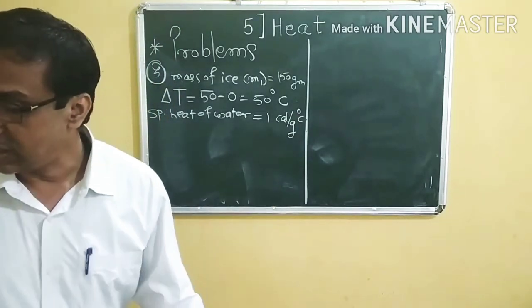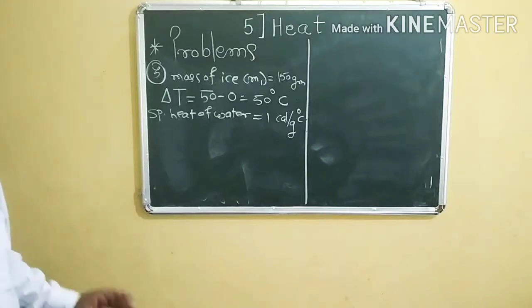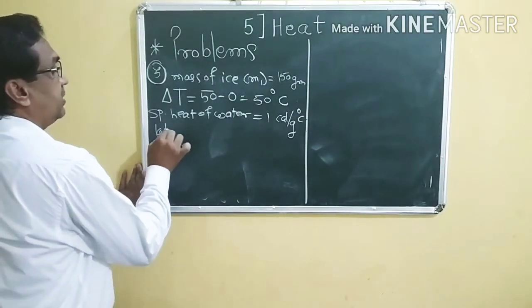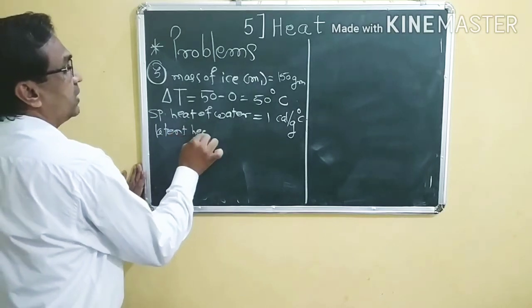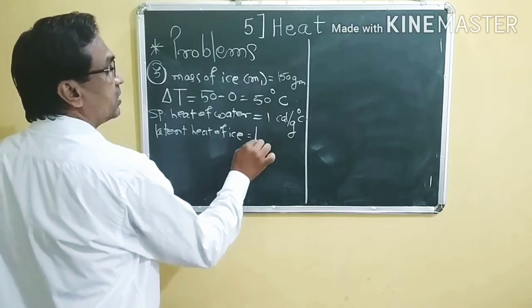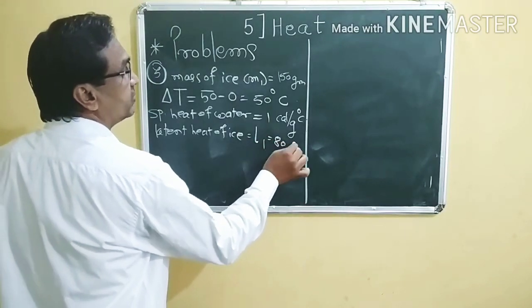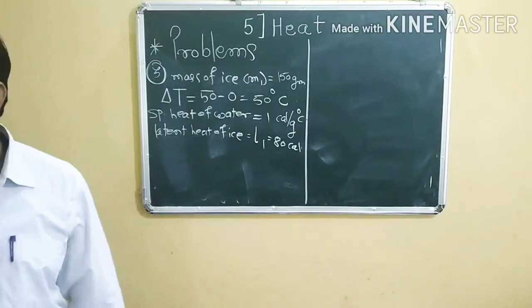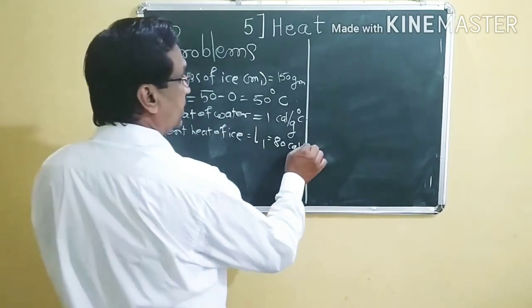After that they have given the latent heat. They have given the latent heat of ice, that is L1, that is 80 calorie per gram.